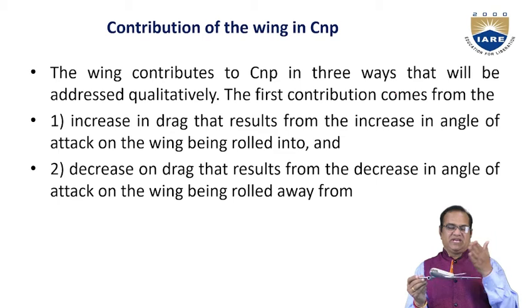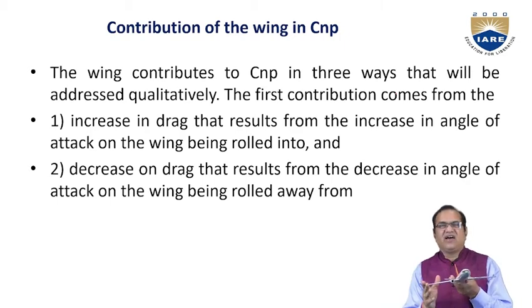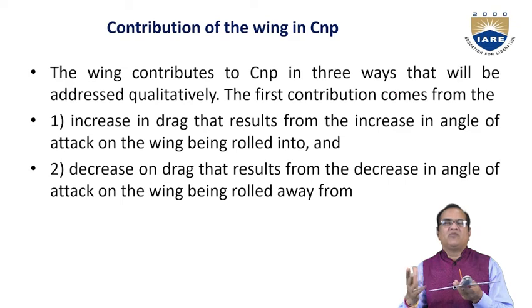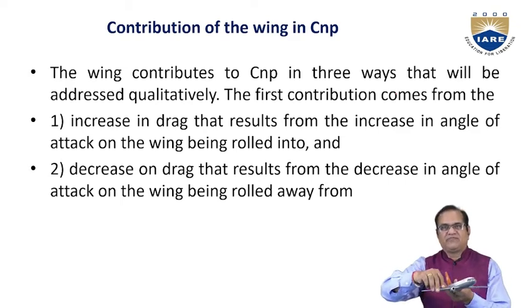The same thing is happening on the other wing. If the angle of attack is decreased, the drag will also decrease. So if you change the angle of attack, the drag amount will also change, and this will also make the aircraft yaw.